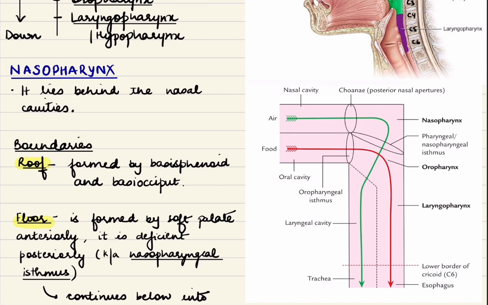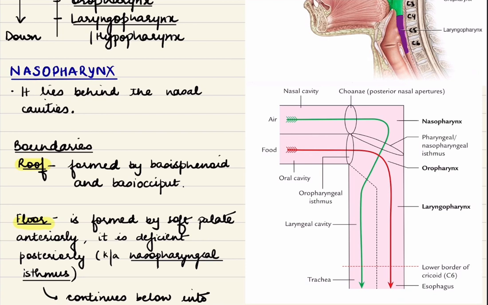Whereas the food enters through the oral cavity into the oropharynx and then it goes posteriorly into the hypopharynx and inferiorly into the esophagus. So this oropharynx is the area where both the air and the food passage cross each other.